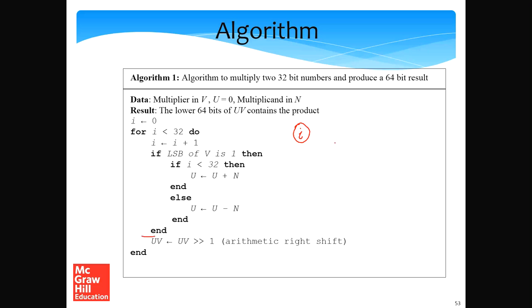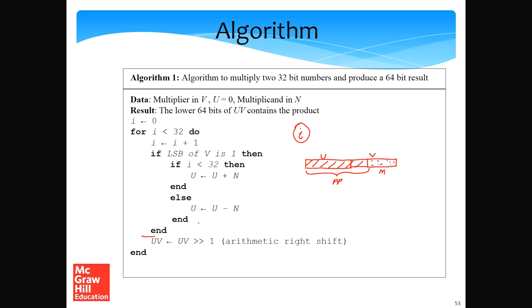Here we have already computed the partial product for the first i partial sums. The partial product is contained partly in register V also. So maybe we can say that this entire region contains the partial product, which is the sum of the first i partial sums, and the remaining region contains the bits of the multiplier.